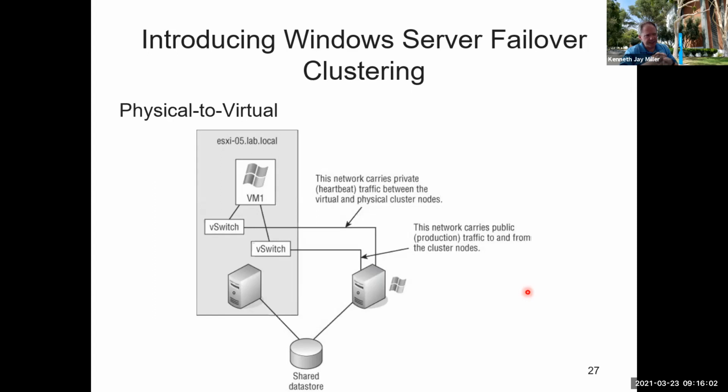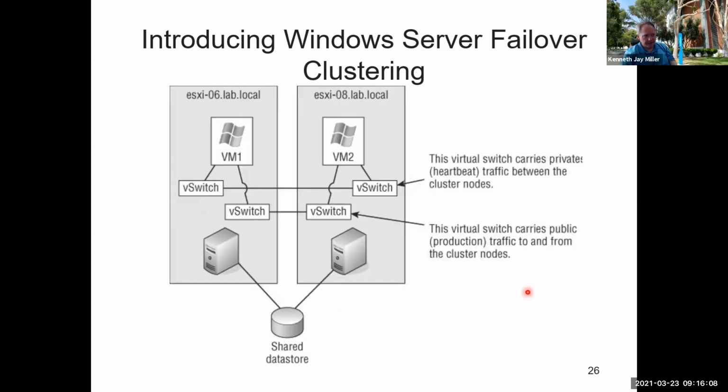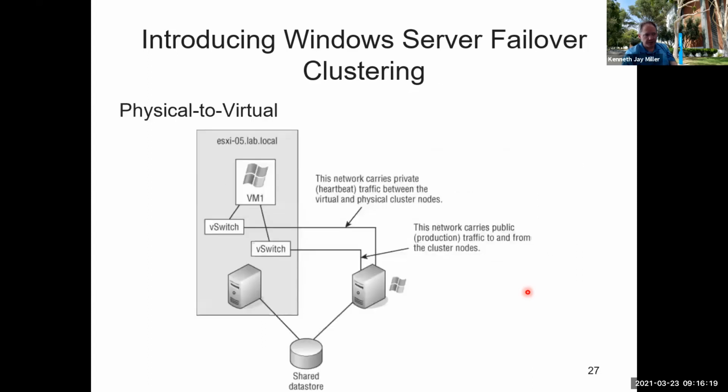Now, physical to virtual really isn't a technique that is, I mean, it can be used, but typically, if you have adopted virtual technologies, you're probably going to be able to do the clustering across boxes. But you could, if you had to use an existing production server that's standalone, it's not virtual, it doesn't matter.